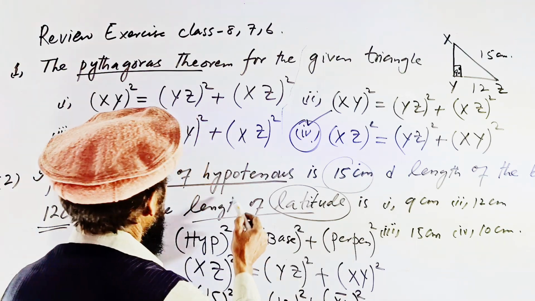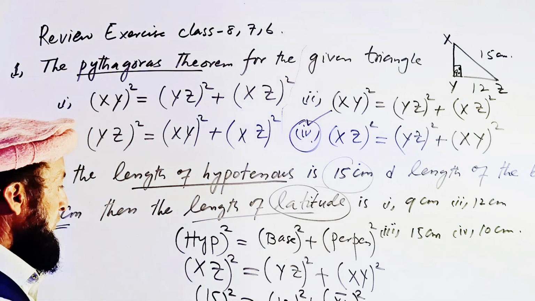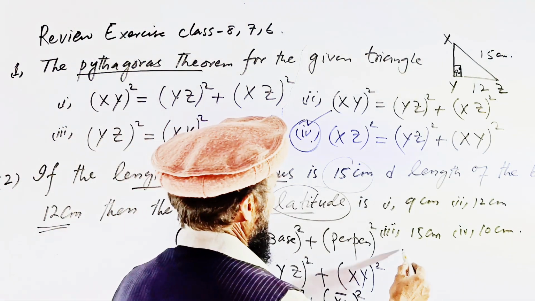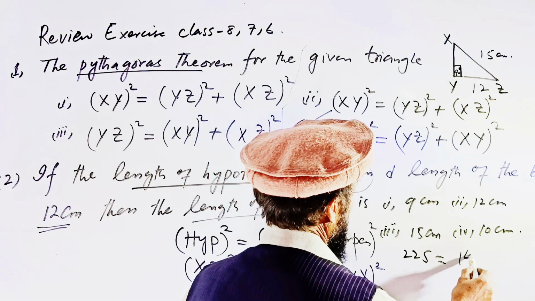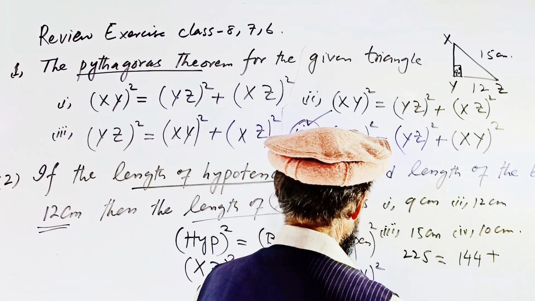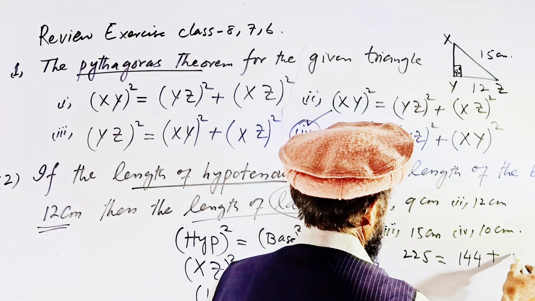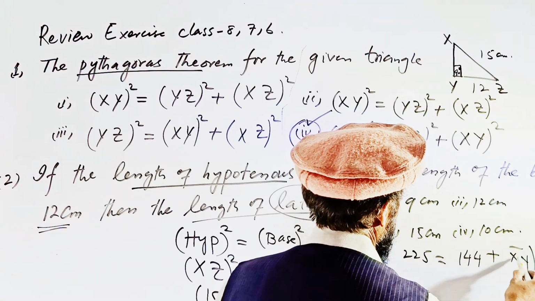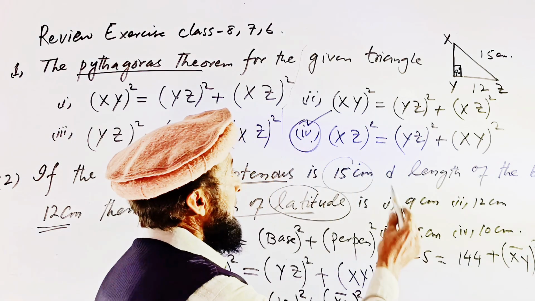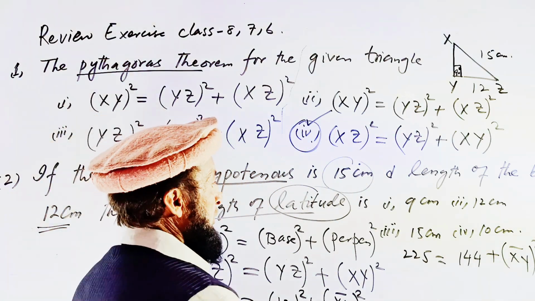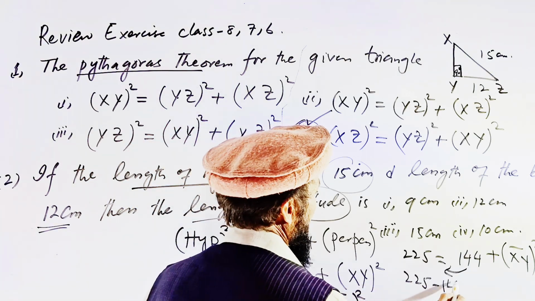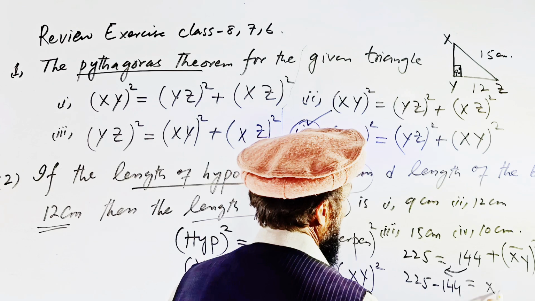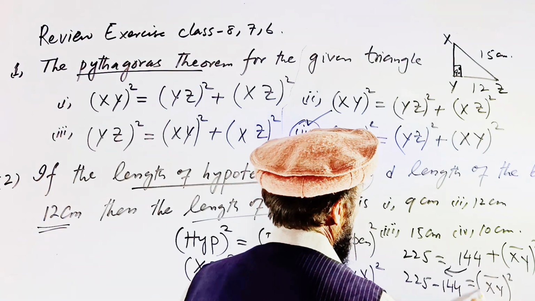the altitude. So 15 square, we get 225, 12 square we get 144, plus the perpendicular XY, the length of the altitude. Now we change this result, we subtract 225 minus 144 is equal to XY whole square.